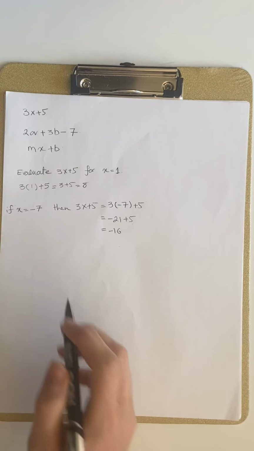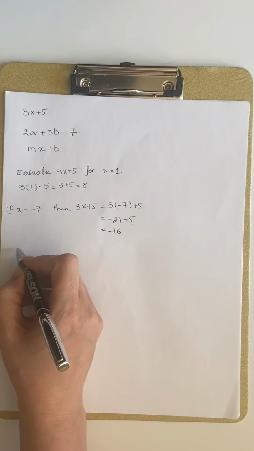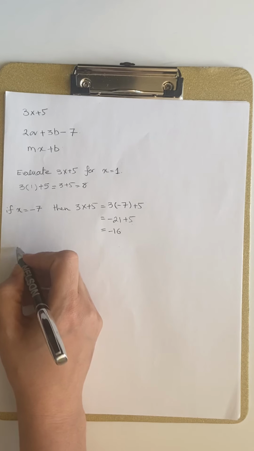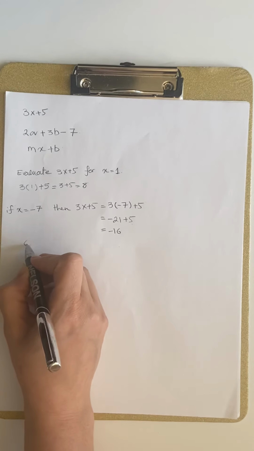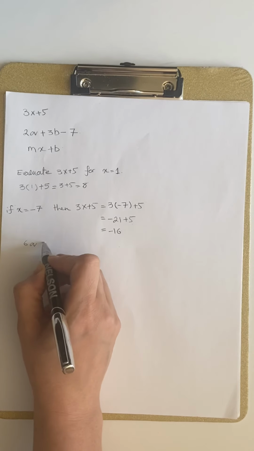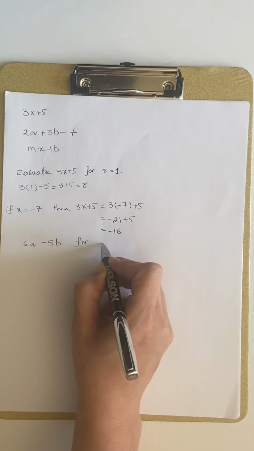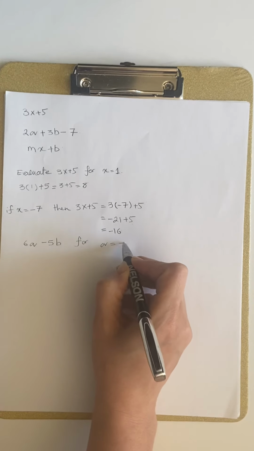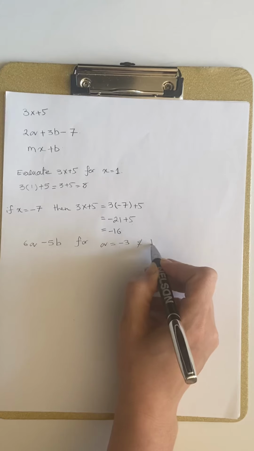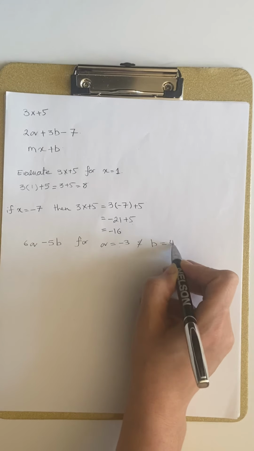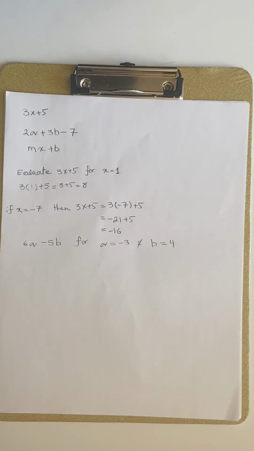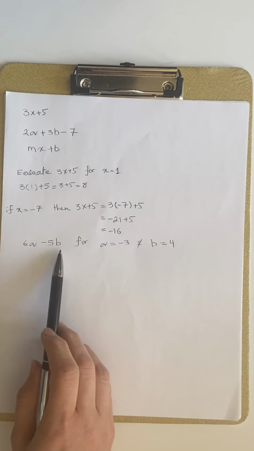Let's do one more example. How about if we evaluate 6a minus 5b, where a is -3 and b is 4. How many variables do you see? 2.